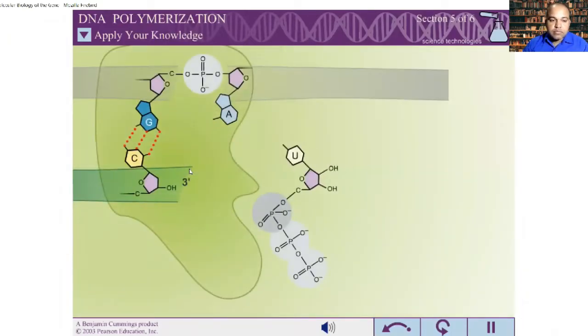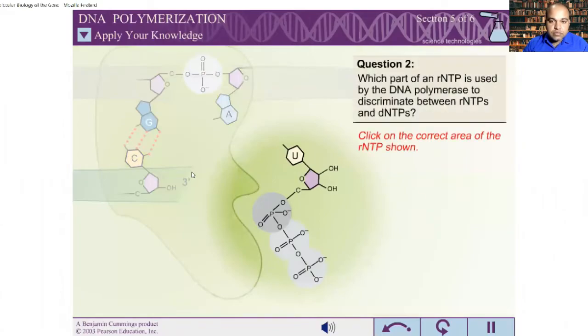Question 2. Which part of an RNTP is used by the DNA polymerase to discriminate between RNTPs and DNTPs? So how does the DNA polymerase, such as Kornberg polymerase or the DNA polymerase 1, differentiate between the ribonucleotide triphosphate and deoxyribonucleotide triphosphate? Please try to answer the question. I want everyone to actively participate in answering this question, whether it is 2' or 3'.